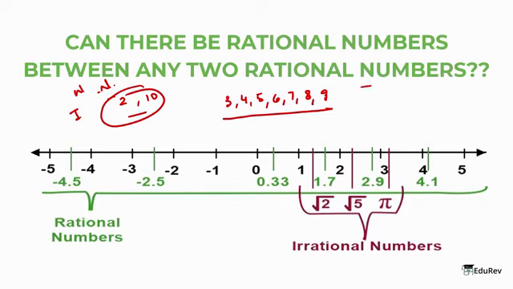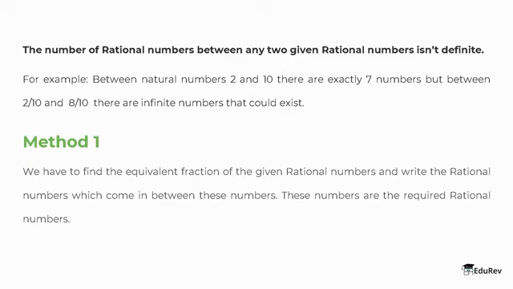But when I talk about rational numbers, there is no definite set of numbers which can lie between two rational numbers. So in order to find rational numbers, we need to apply certain techniques which are going to help us to find as many rational numbers as we want, or as the question asks us, between any two given rational numbers. So let's see how we can do this method by method.